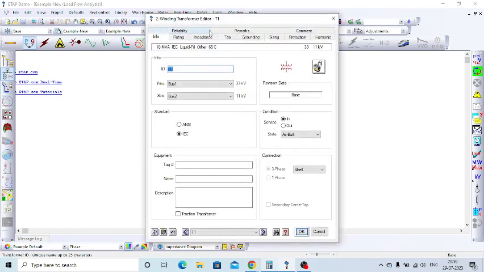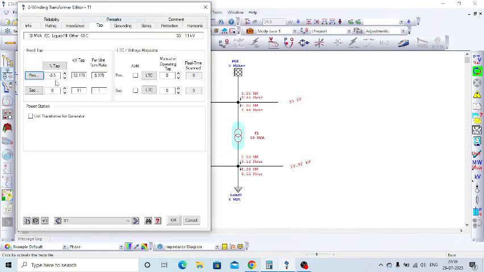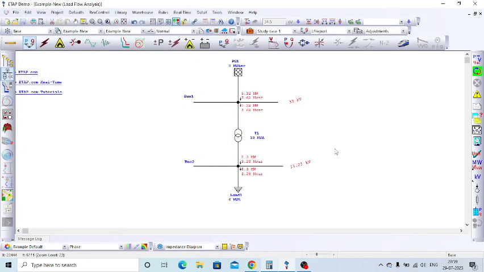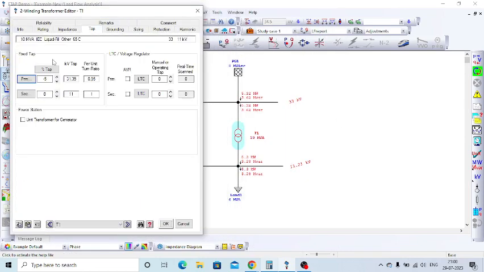If I change one more position, from minus 2.5 to minus 5, then again the LV bus voltage gets increased. So now it is 11.21 kV. Okay? So like that we can operate the off circuit tap changer in these tap positions.